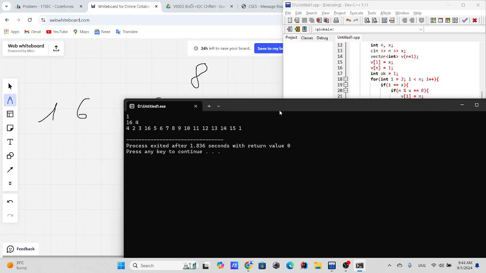Yeah, this might not be right, right? 16 shouldn't be here. 8 should be here, right? 8 should be here. And 16 should be here, right? Yeah, 16 should be here. Not 8. Okay, 16 should be here, and how about 12? 12 doesn't really matter.